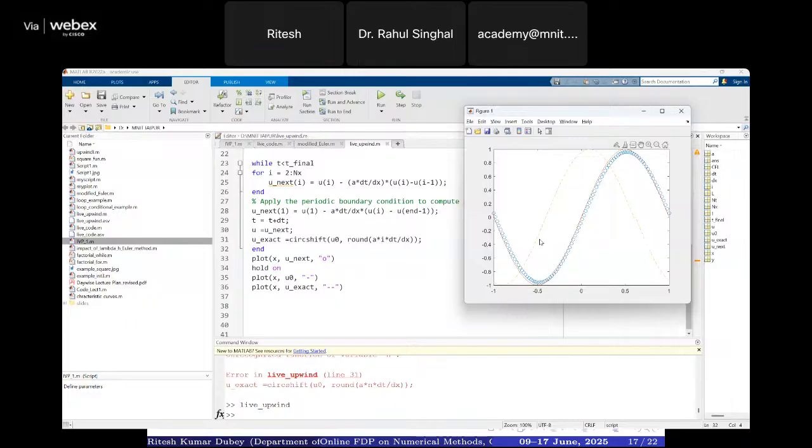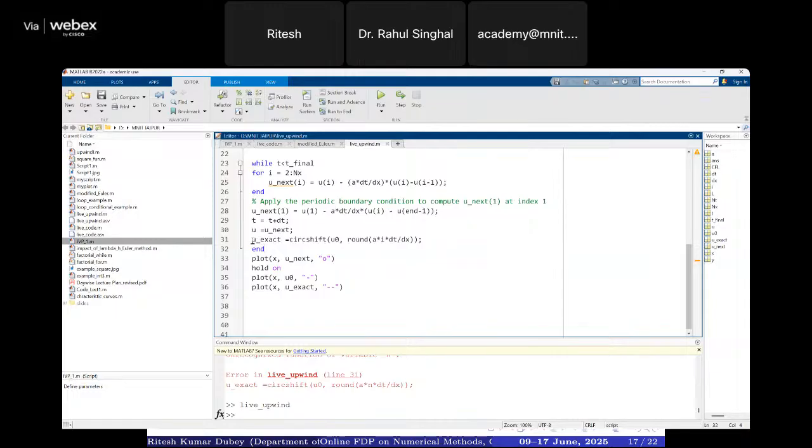U0. How many? Can write here the exact solution. I want at time t.